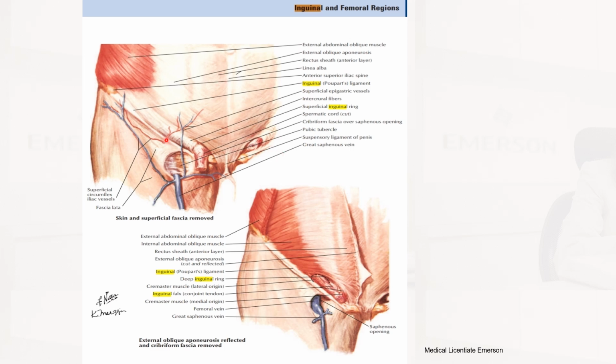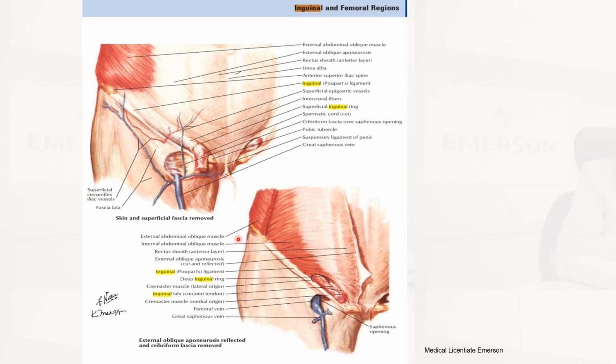So this is the inguinal region, and of course the femoral region here. This is the inguinal ligament passing through here.